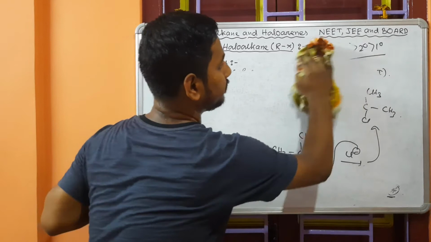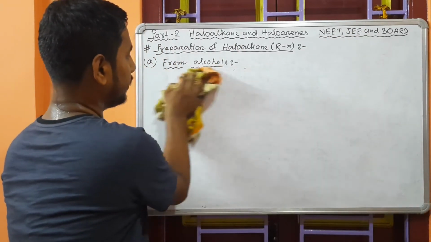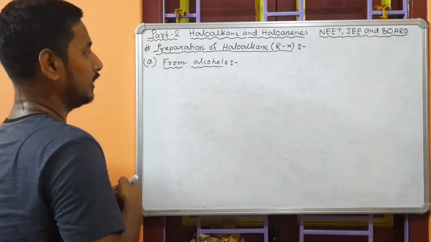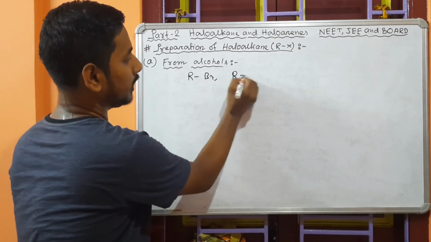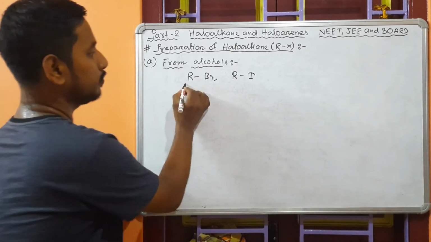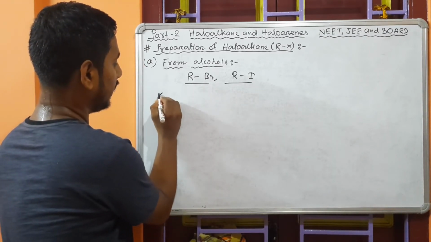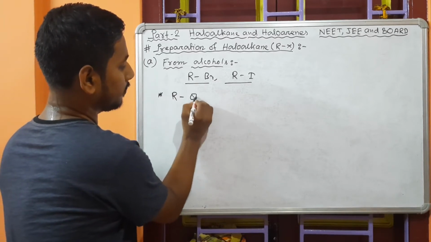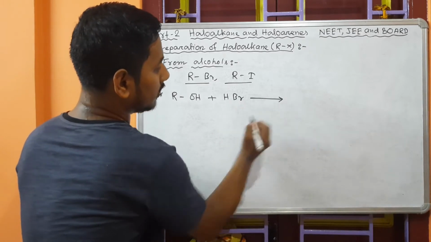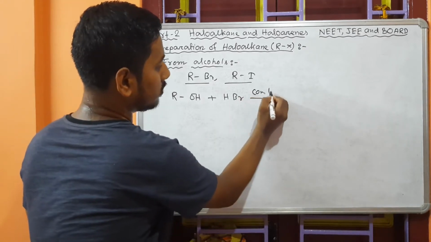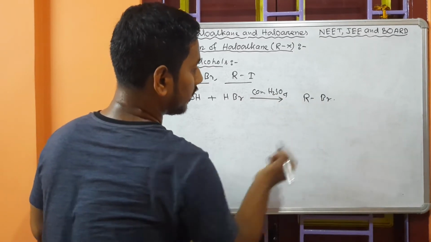Now after that, from alcohol we have to prepare alkyl halides, like we want to prepare RBr, we want to prepare RI. To prepare RBr, if you have one alcohol like ROH, and you give HBr here in presence of concentrated H2SO4, then you get RBr as product.